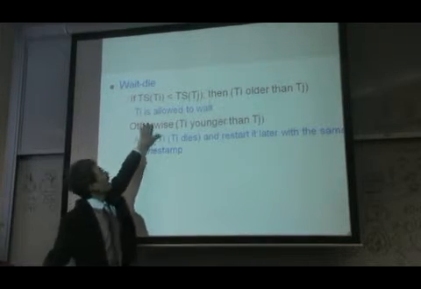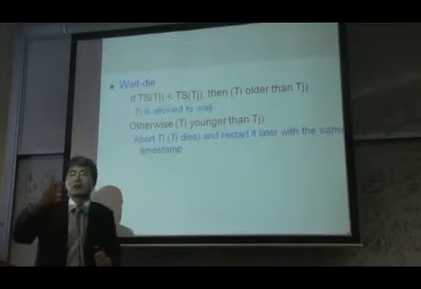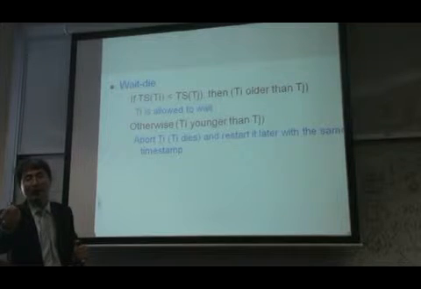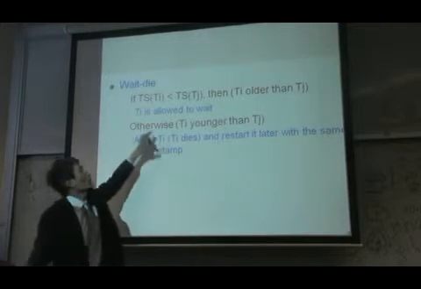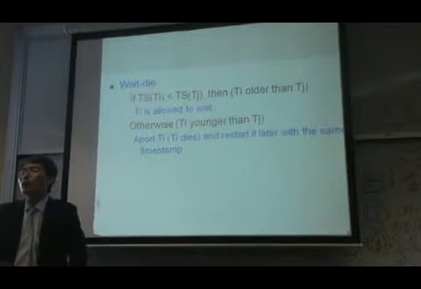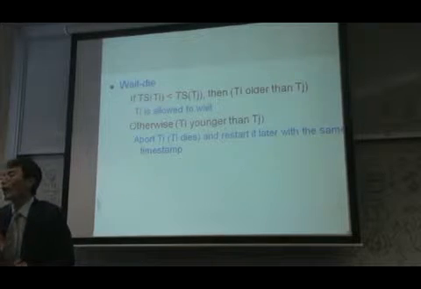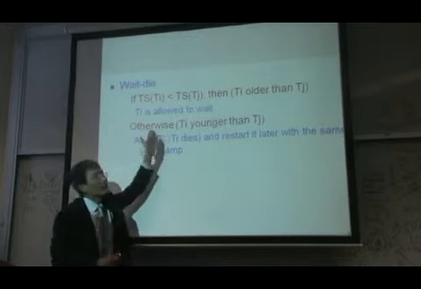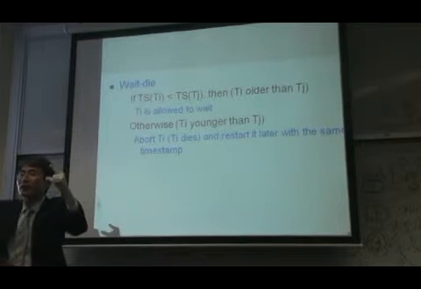However, if the TI is younger, okay, TI actually started later, but got to request the lock first on data item X. Then, because TI is younger, we had better kill it. That terminates the process. Otherwise, if we allow even the younger, later transaction to wait, it just keeps waiting.